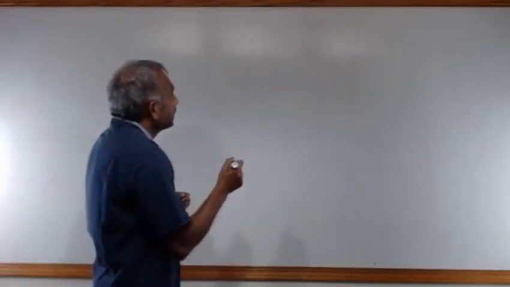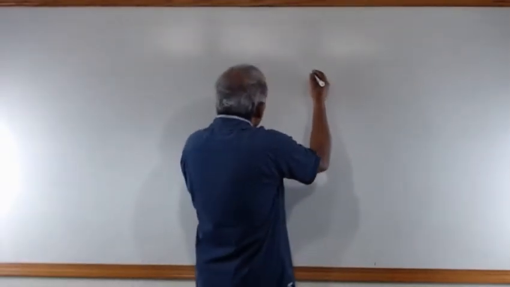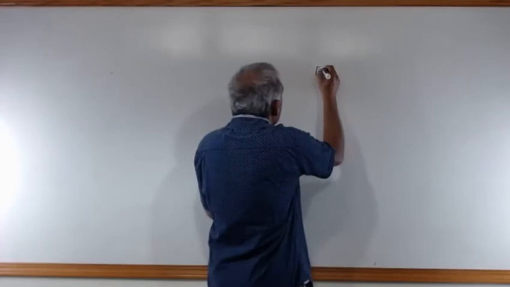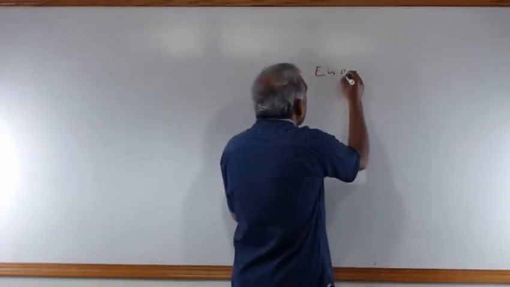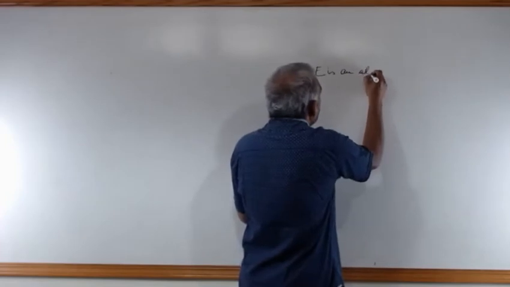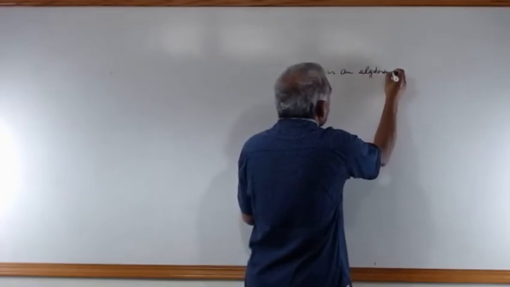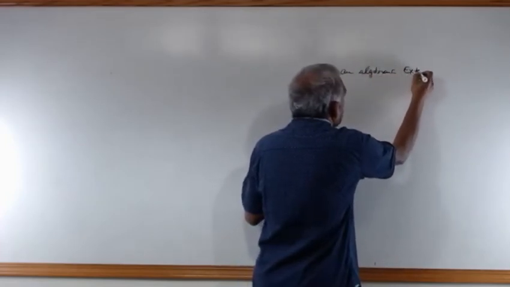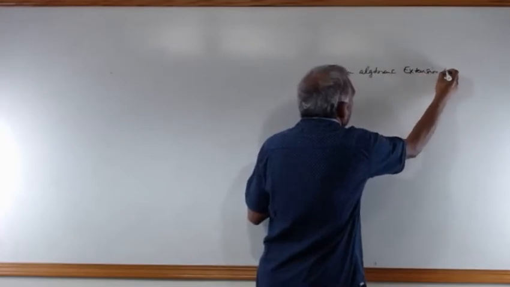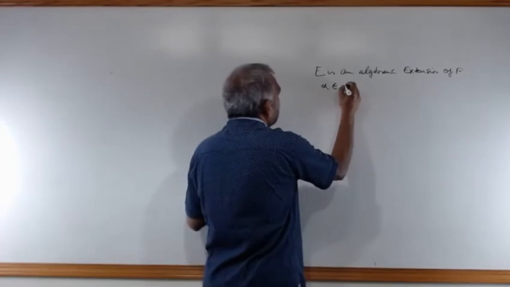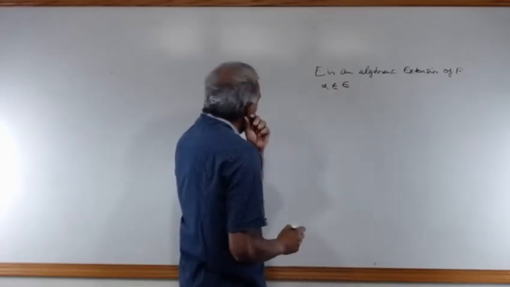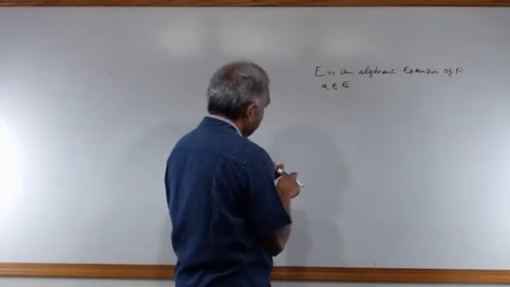Now let us assume that E is an algebraic extension of F and alpha belongs to E, meaning alpha is algebraic.